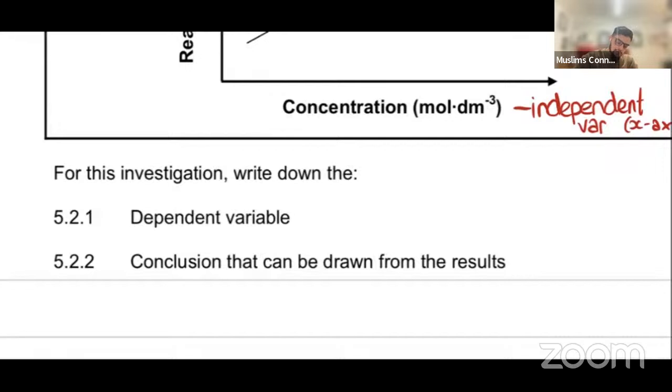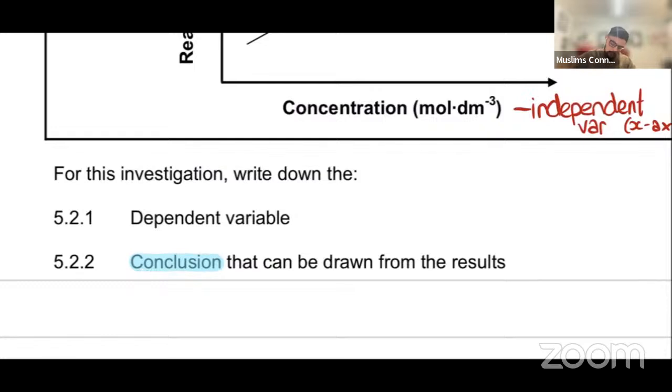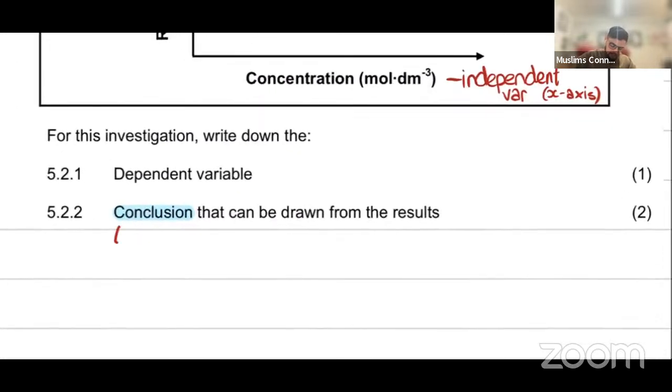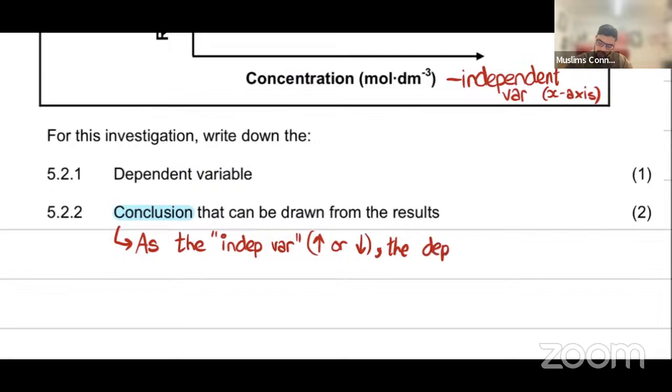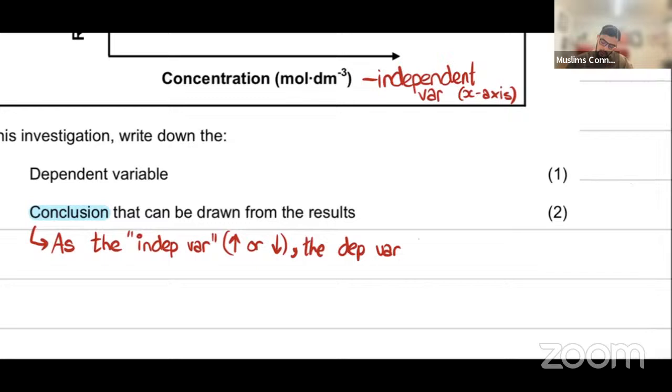Now, very importantly, for the conclusion, we always want to say, as the independent variable, and obviously we'll specify that, increases or decreases, the dependent variable increases or decreases.